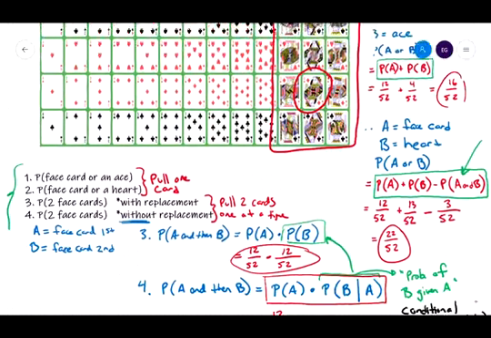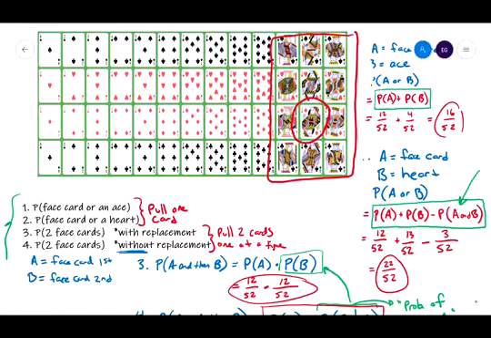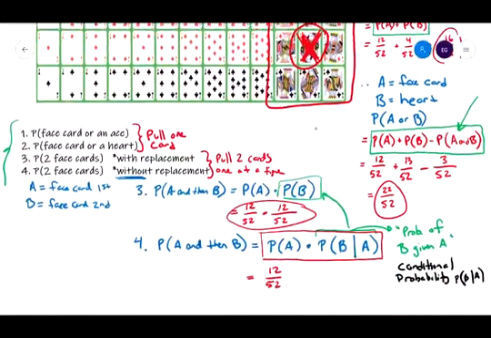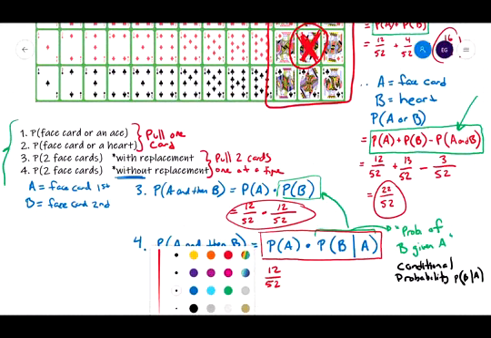And so what I mean by update the counting: for the first step in the sequence, we had 52 cards and we had 12 face cards. But if we pull the queen of diamonds first, now there's no more queen of diamonds in the deck. That means there's 11 face cards left. So the probability that the second card is a face card is now the number of face cards in the deck, which is 11, divided by the number of cards in the deck.